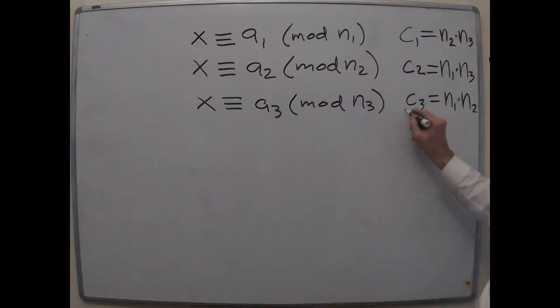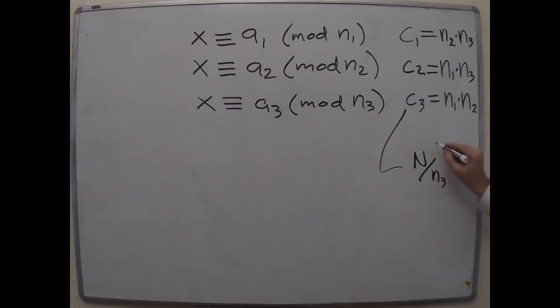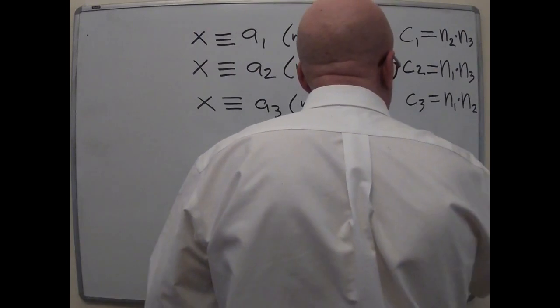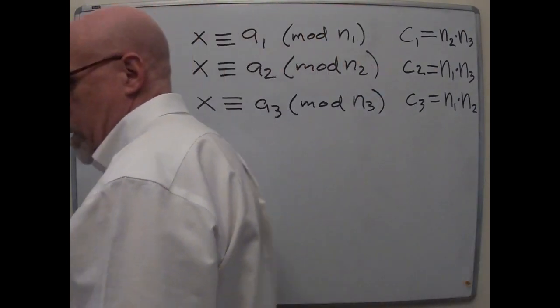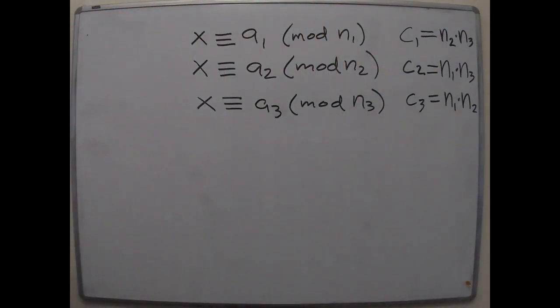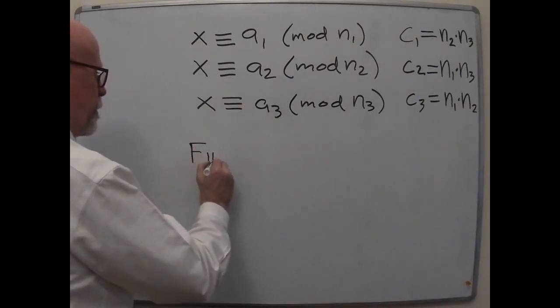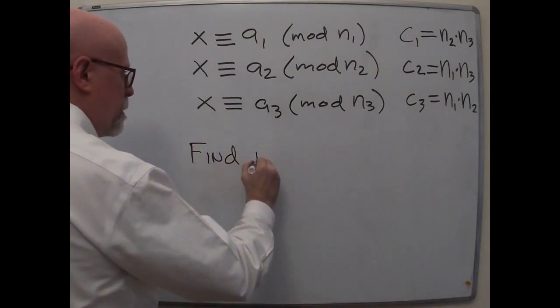I'll just give you one example. This C3 would be N divided by N3, where N is the product of all three numbers, N1, N2, and N3. Now, why those C's? Well, we're going to solve for their inverses. We're going to find modular inverses for the C's.